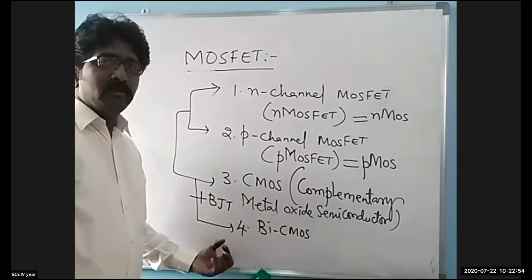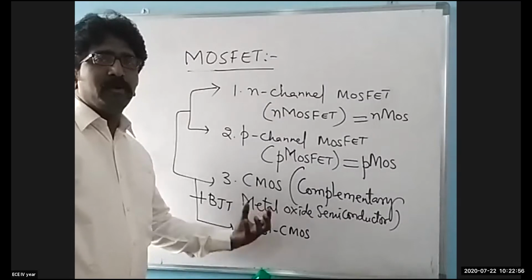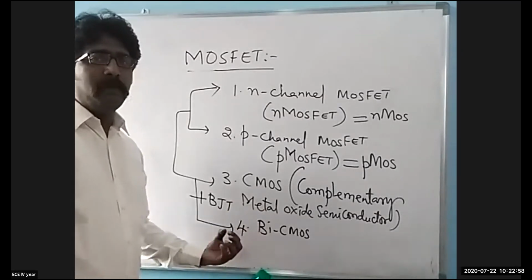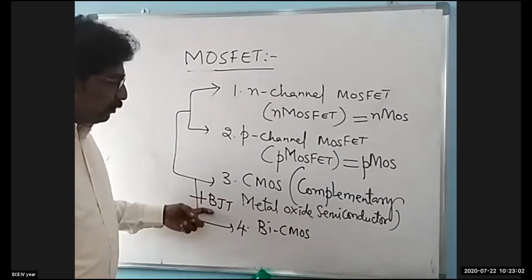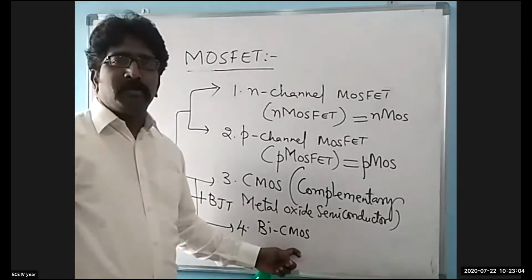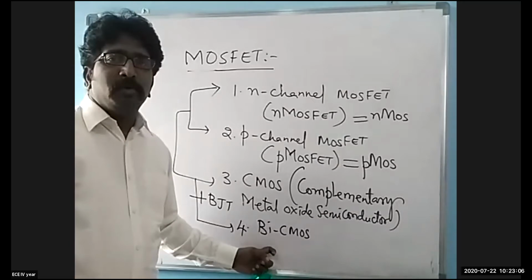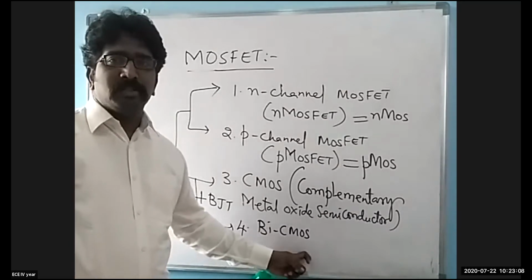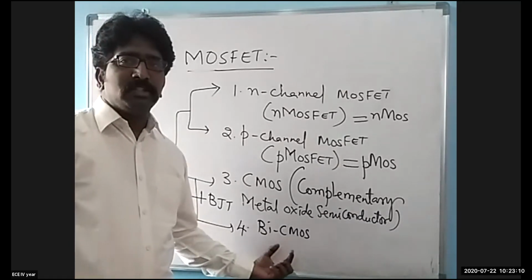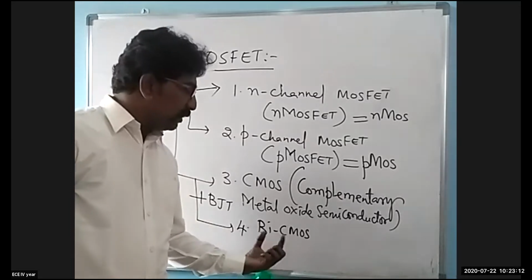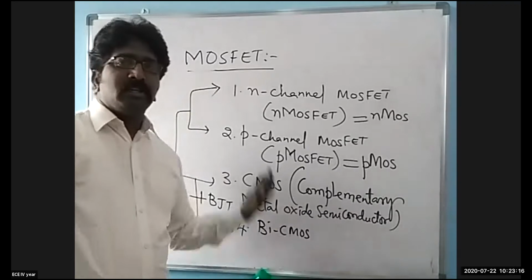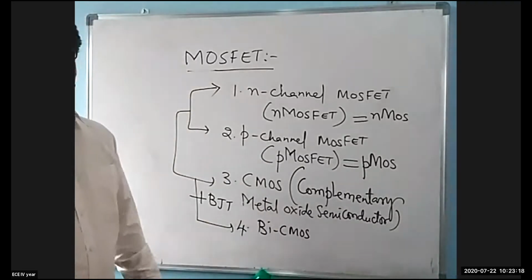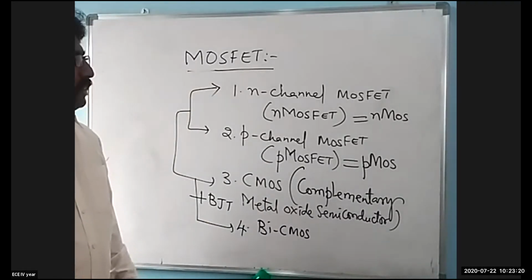Then the fourth kind, in order to get the benefits of low power and driving capability, is a combination of CMOS and BJT. That's how the BiCMOS technology came into the picture, a combination of bipolar junction transistor and CMOS technology. When both technologies were combined, we got a new kind of device called BiCMOS devices. So these are the four different types of MOSFETs depending upon the charge carriers.